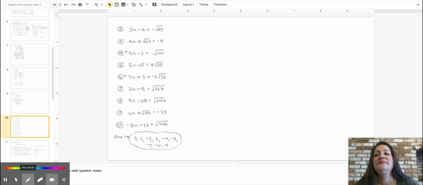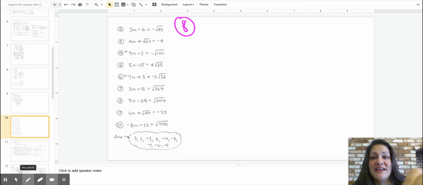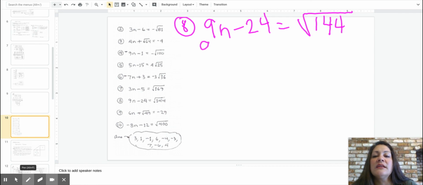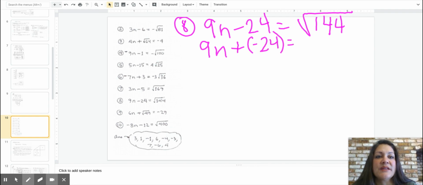All right. Number 8. 9n minus 24 equals square root of 144. So 9n, we're going to add the opposite, plus negative 24 equals 12.